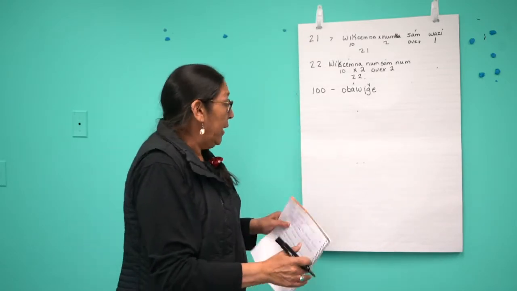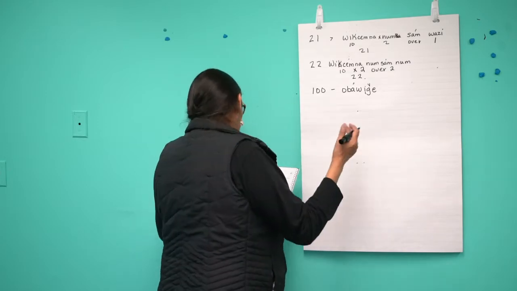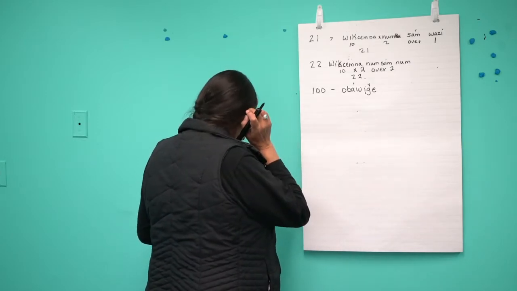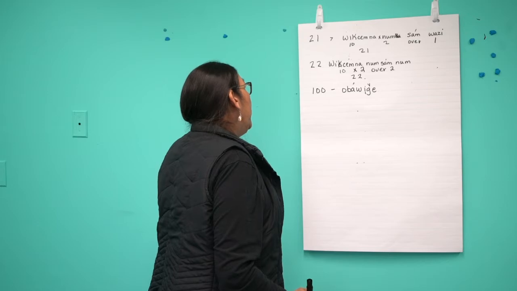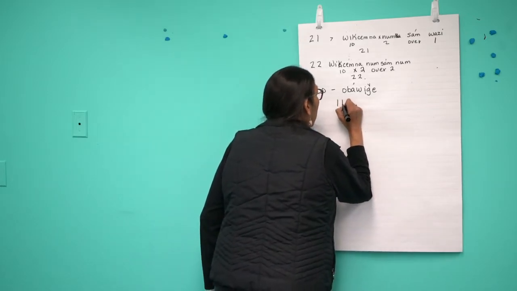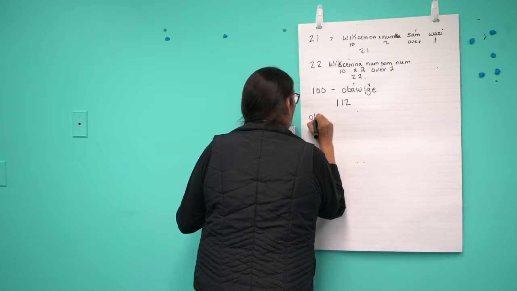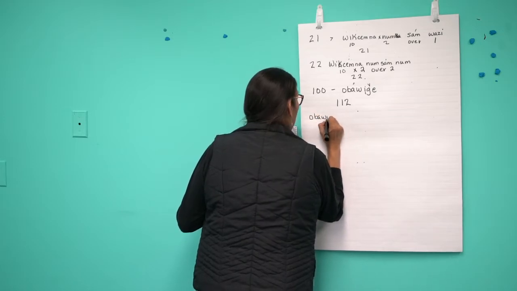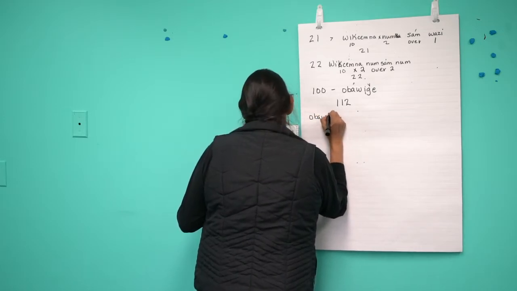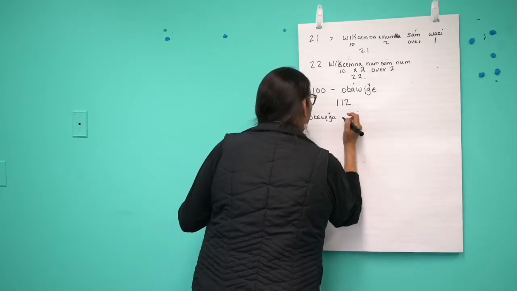Numbers higher than 100. Again, let's go 112. Obawinga. Now remember, Sam.